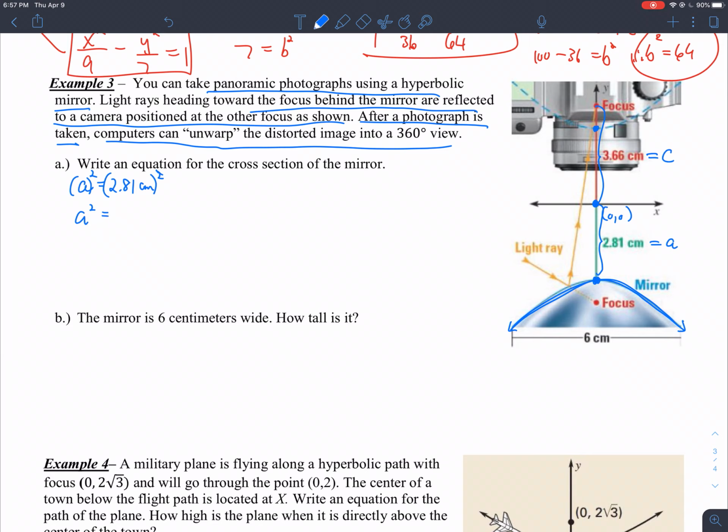So A squared is approximately, if you square that, you get about 7.9. Alright? And then they gave us C. They said C is 3.66. So then I square both sides of this, and then I get C squared is approximately 13.4.